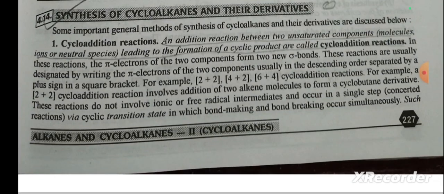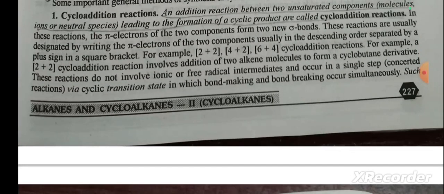Synthesis of cycloalkanes and their derivatives. Some of the important methods of synthesis of cycloalkanes and their derivatives are discussed below. Cycloaddition reactions: an addition reaction between two unsaturated molecules, ions or neutral species leading to the formation of a cyclic product is called a cycloaddition reaction.